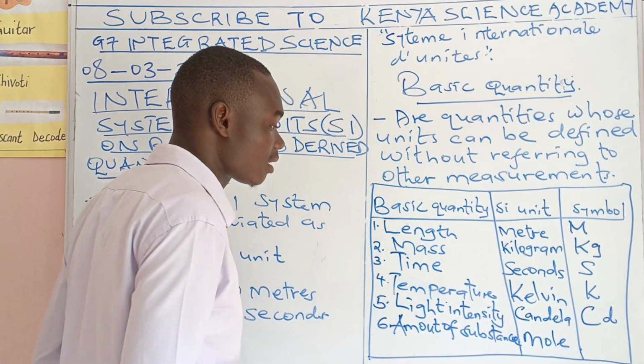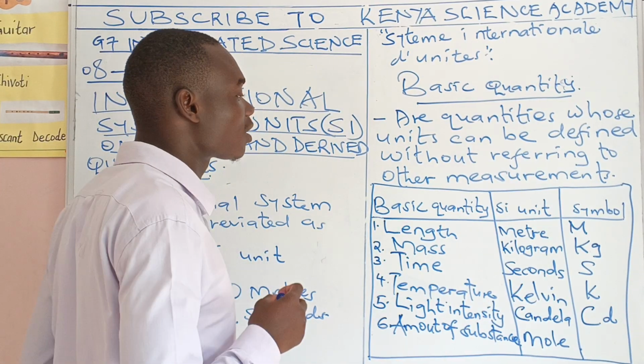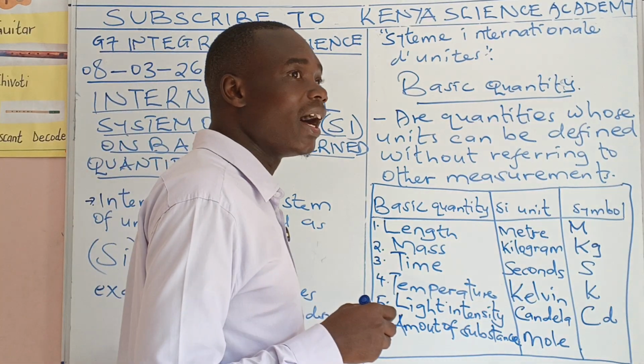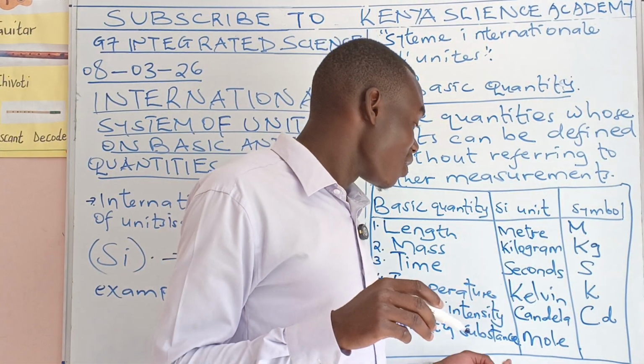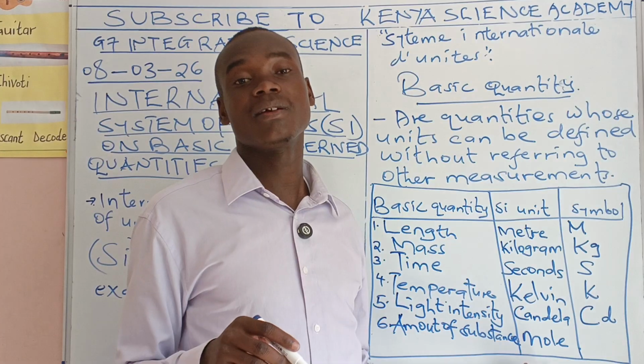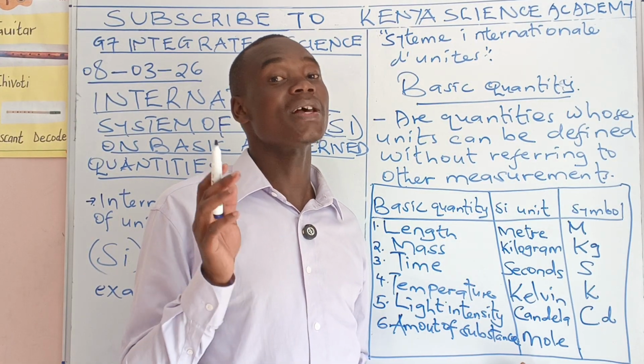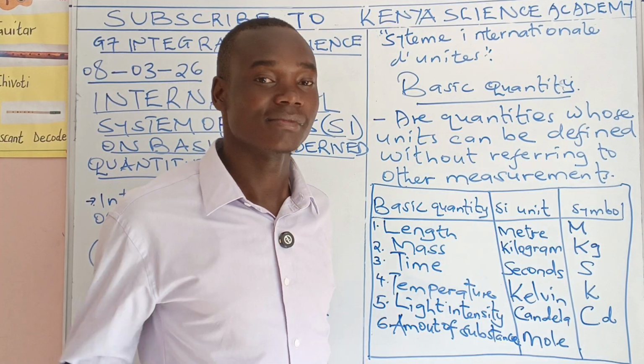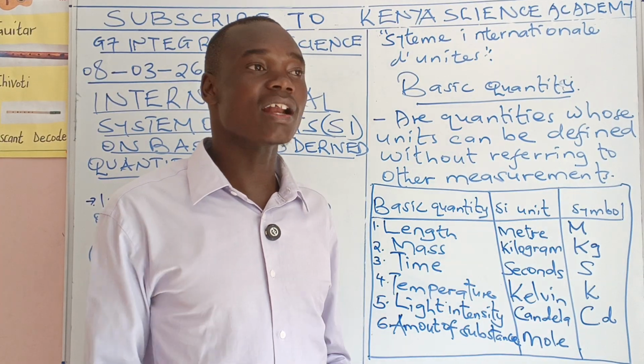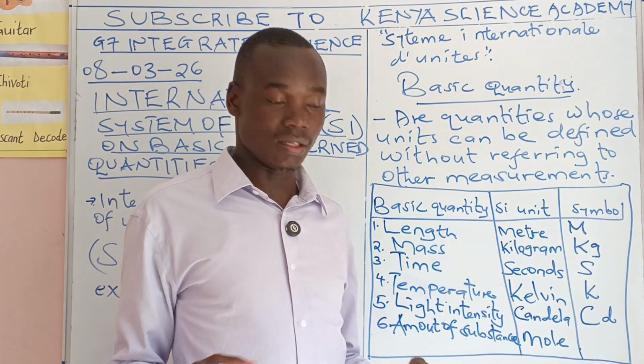So amount of substance, mole. This is a very interesting topic in chemistry. A student who shall have passed this particular topic and understood it well cannot laugh anyhow. He cannot make noise around people who are busy.